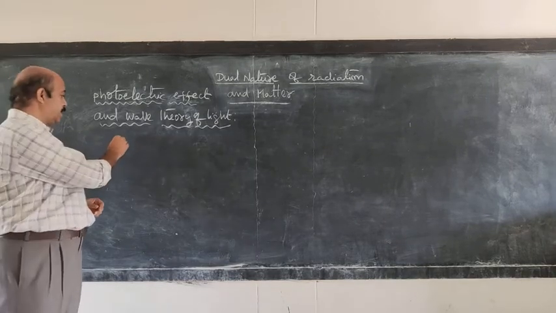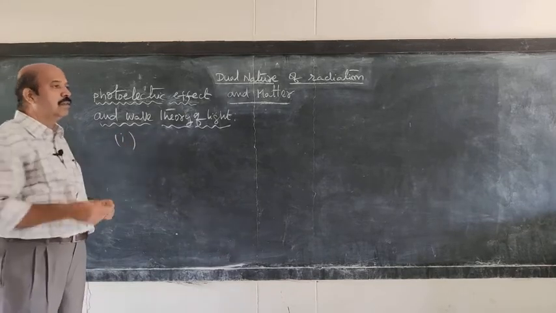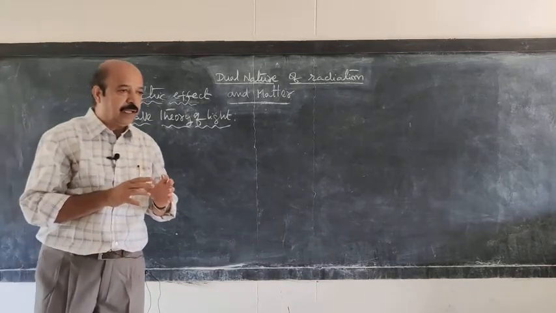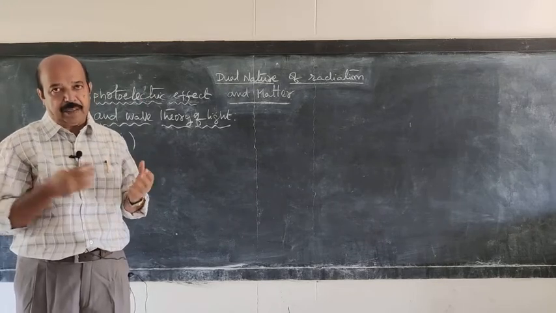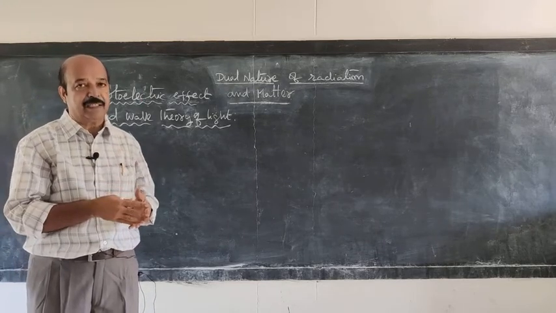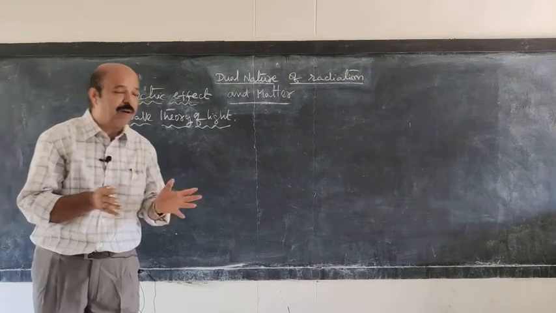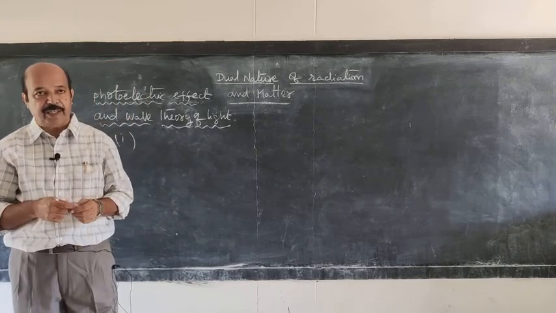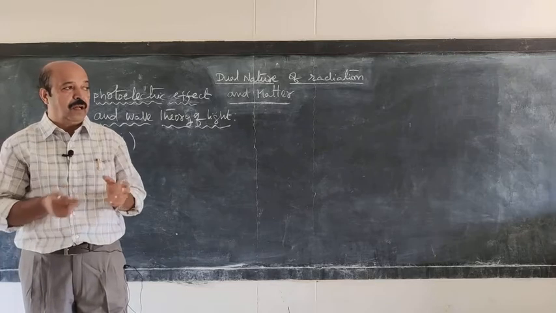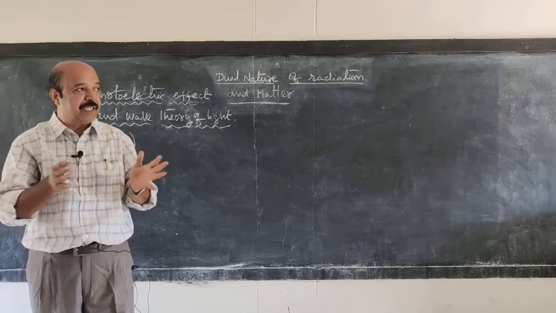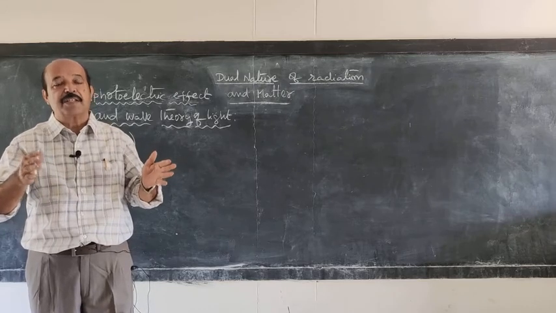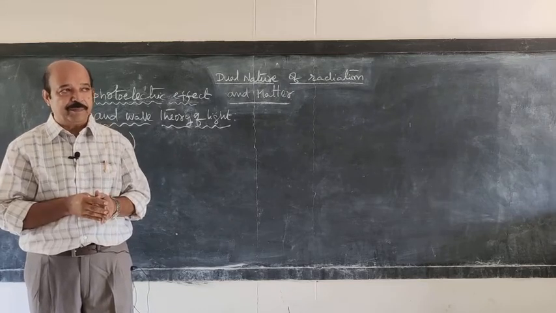So one point is this. You know, the energy of the light, which is an electromagnetic wave, is distributed in the form of electric field and magnetic field. So the energy of the wave is extended over the region or space occupied by the wave.